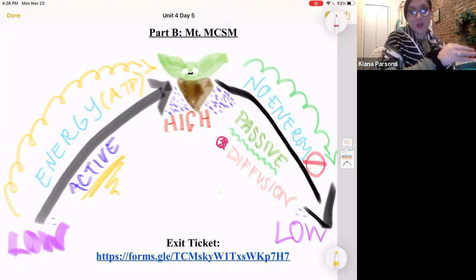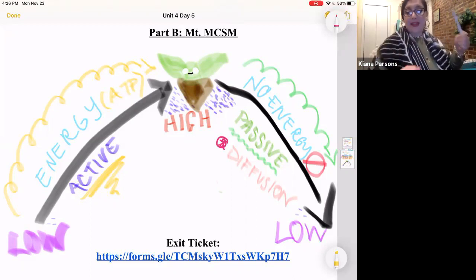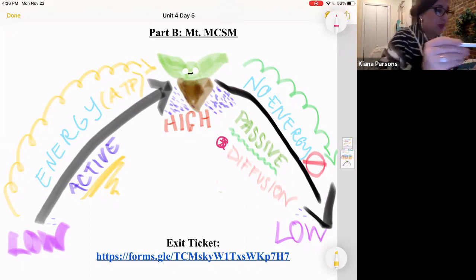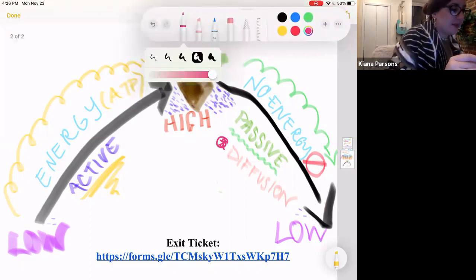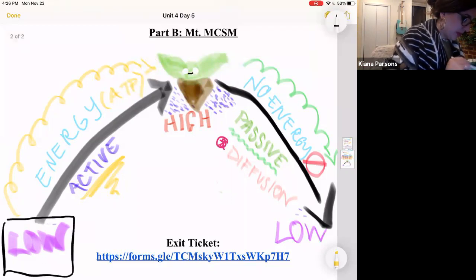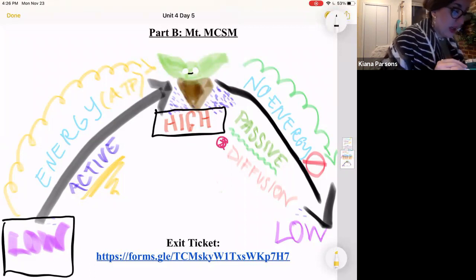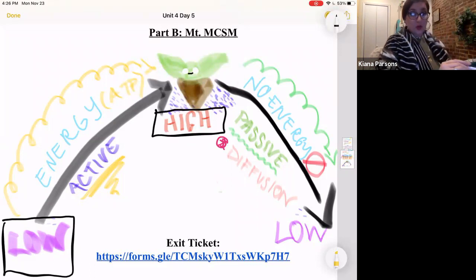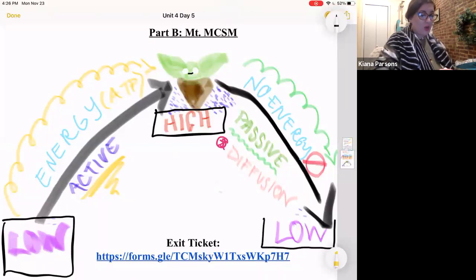However, active transport is like going up that hill. Active transport uses ATP. It goes from low to high. Low concentration to high concentration. Then diffusion goes from high concentration to low concentration.